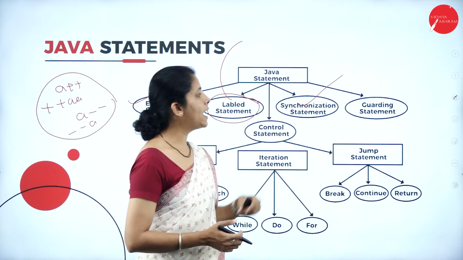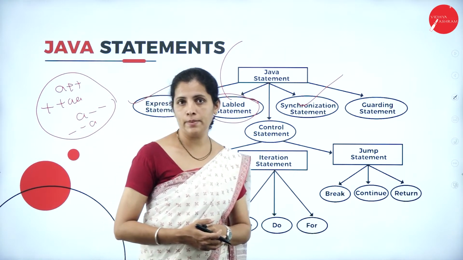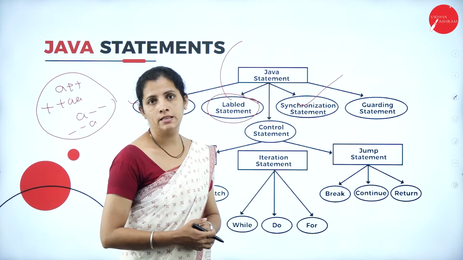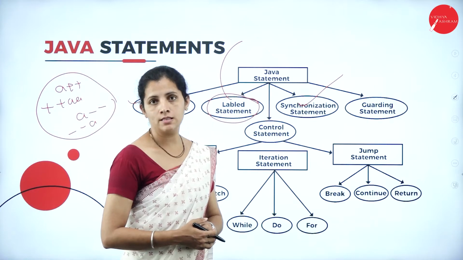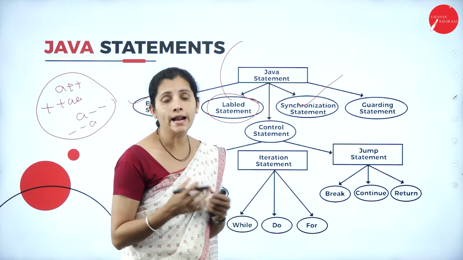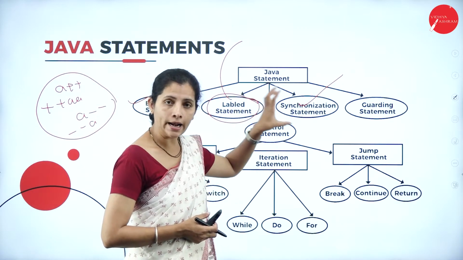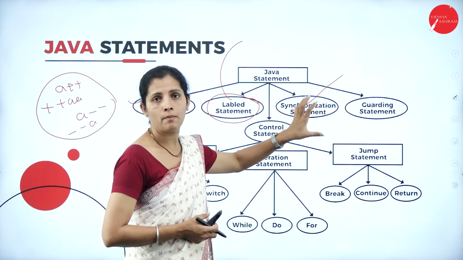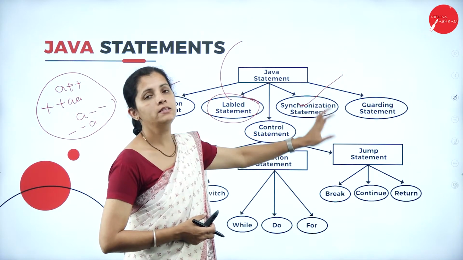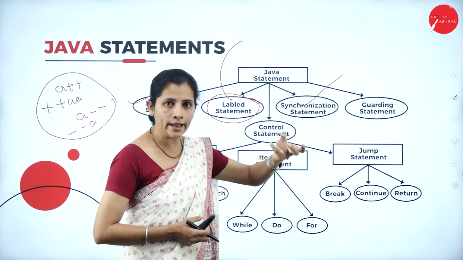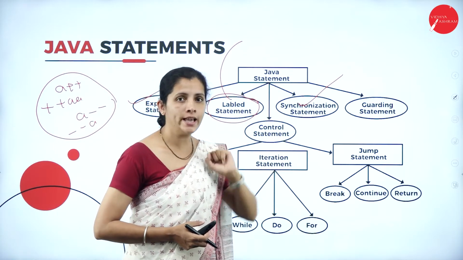Now I'm going to have guarding statement. So what is guarding here? That is nothing but the cleaning process or error handling. There are certain times I want to handle the errors manually. That means I want to identify the errors, throw the error, and manage the error.